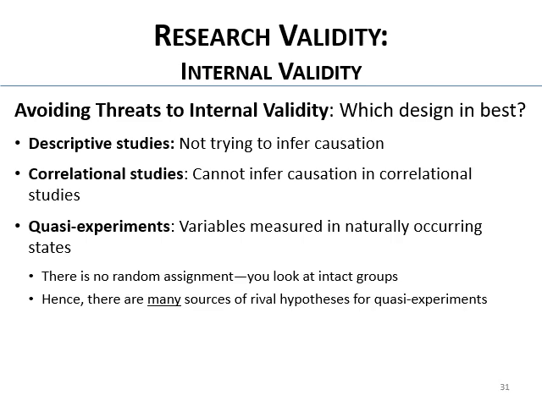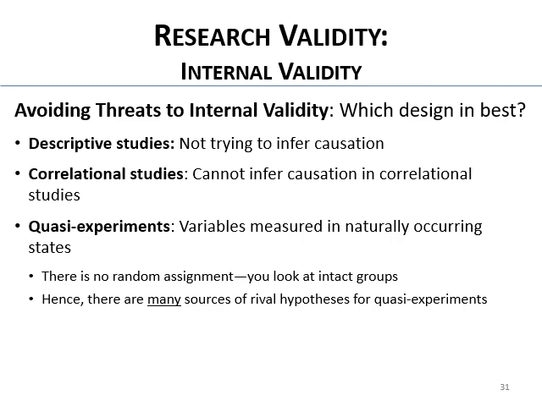And so there are many sources of rival hypotheses for quasi-experiments. Now, one thing you can do is something you'll learn about next semester, which is covariate analysis to try to equalize groups on known potential confounders. But what about all the other stuff you don't know about? How do you equalize on that if you don't even know about it? Bottom line is you don't. And so quasi-experiments are not that great for inferring causality.